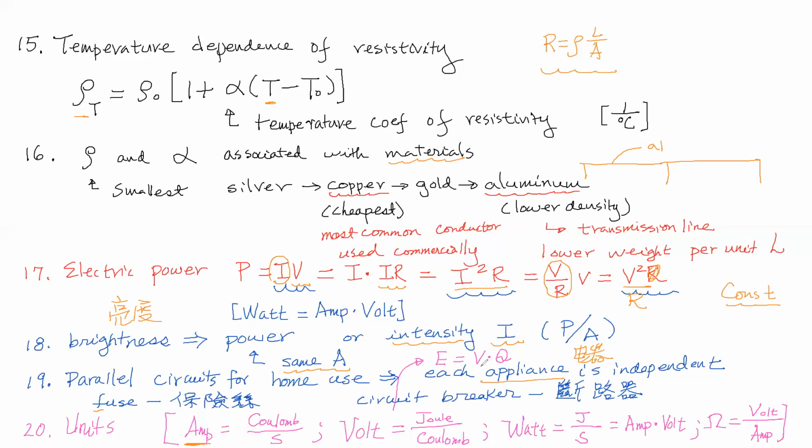Electric potential is energy per charge. Watts, joule per second. Or P is equal to IV. So P is watts, I is ampere, V is volt. Ohm is volts divided by amp, like in Ohm's law.